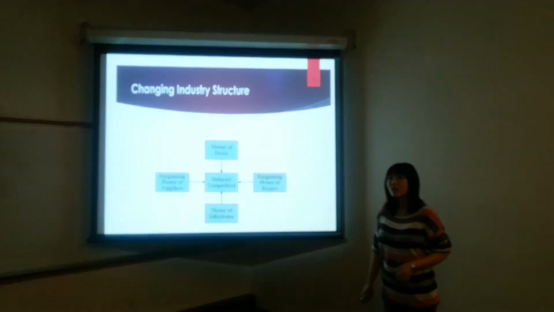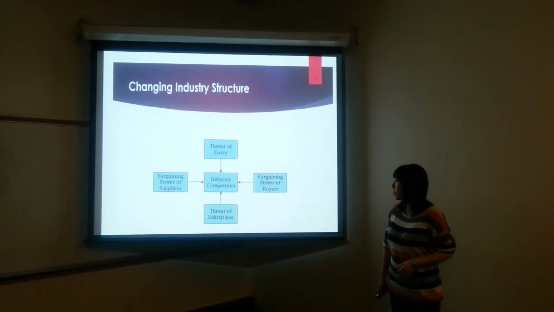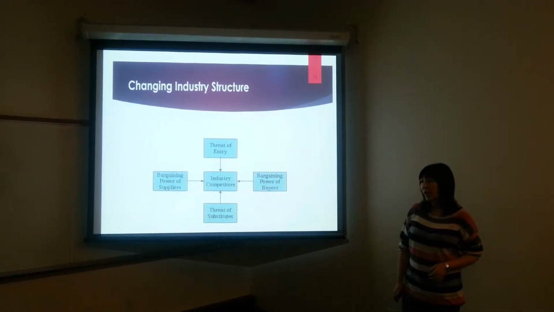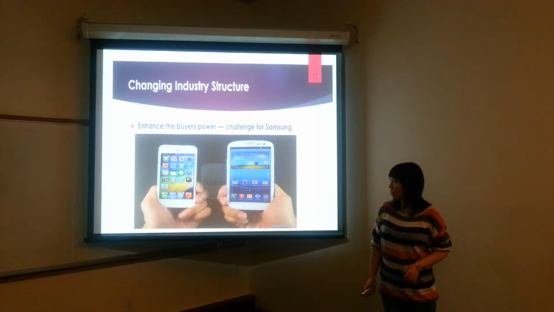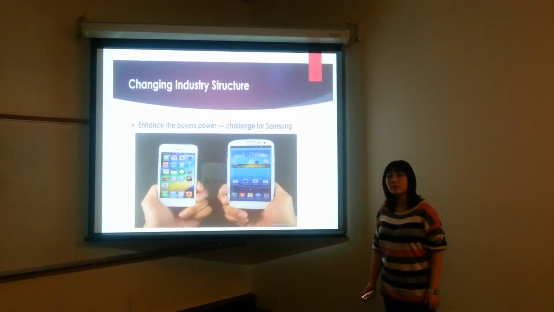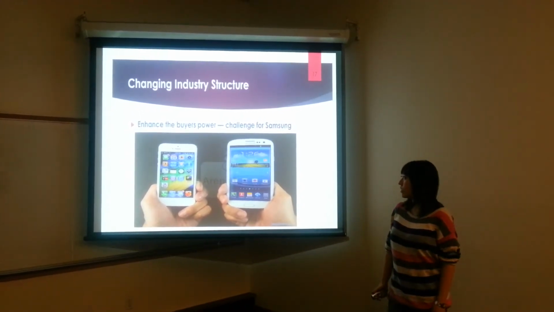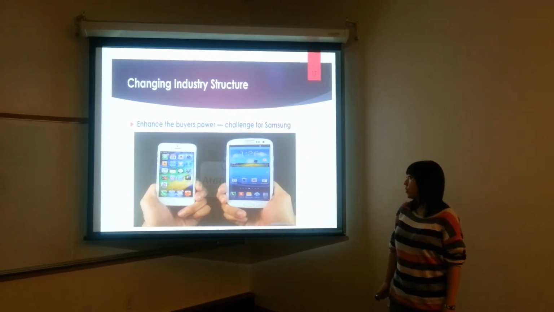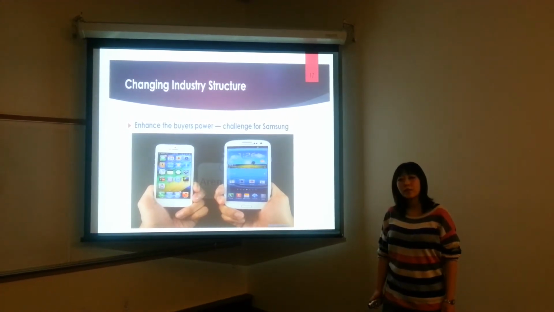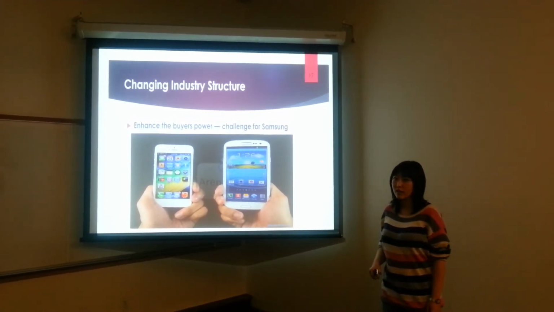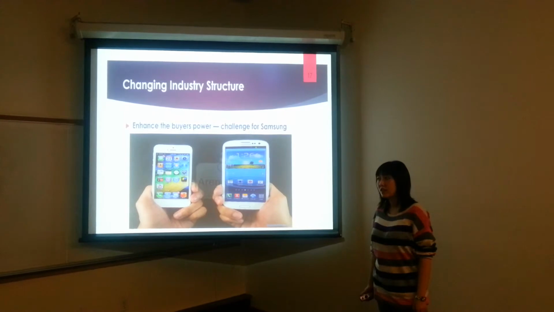The following part, I'm going to talk about how information technology changed the industry structure. As we can see, this is the Porter model, and these are the five main competitive forces. As we know, information technology is really important, and it can affect the industry structure, for it can enhance the buyer's power. As we know, before, when people wanted to buy a cell phone, for example, they could search for information from advertising, or go to the cell phone store to get the information.